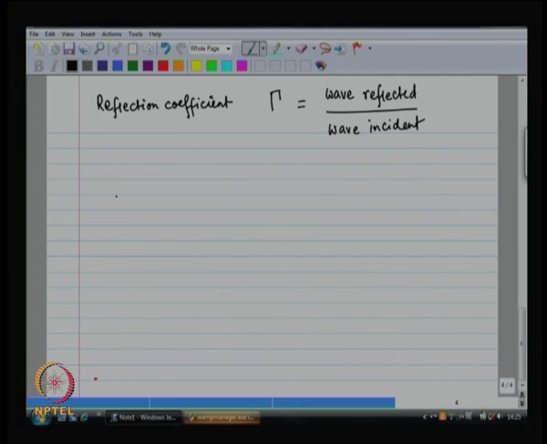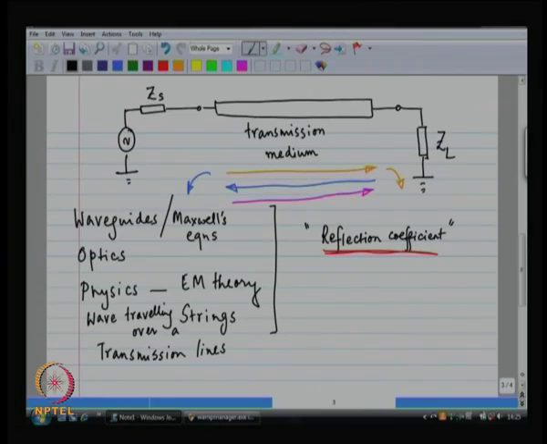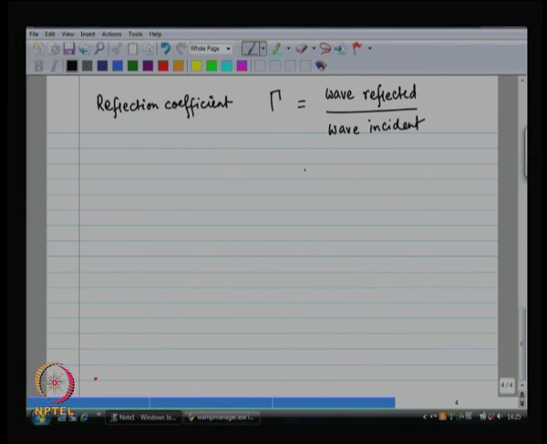All right. Now, it so happens, this is where I am just going to grab something from the future of this course and utilize it right here. It so happens that this gamma is going to be equal to (ZL minus Z naught) by (ZL plus Z naught).